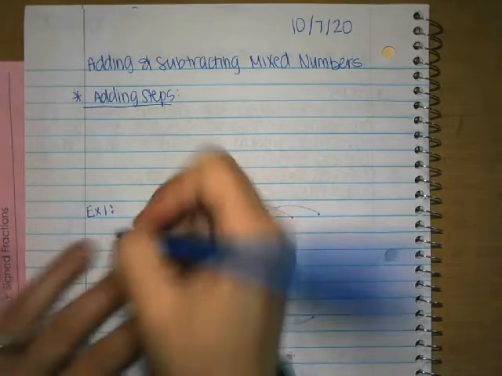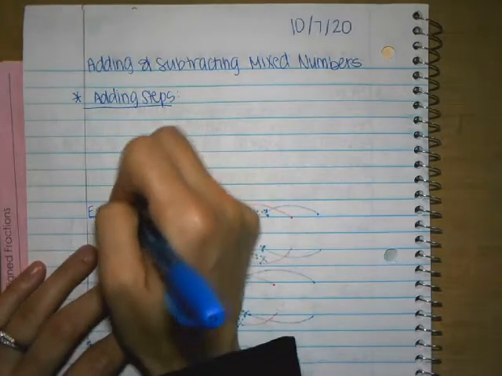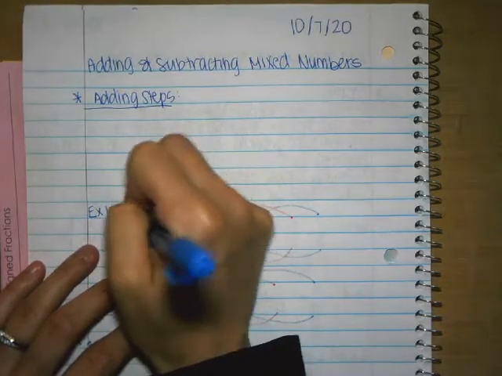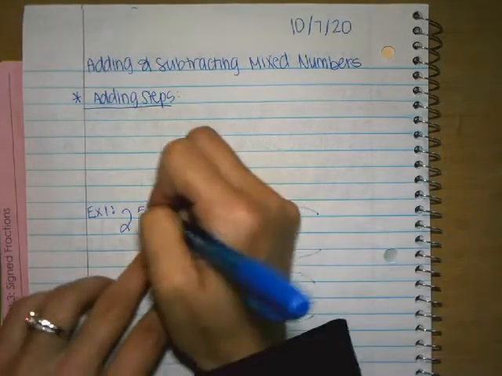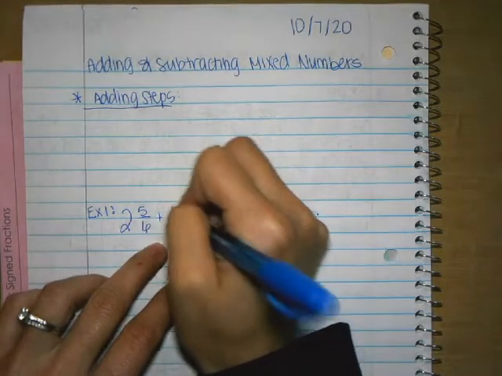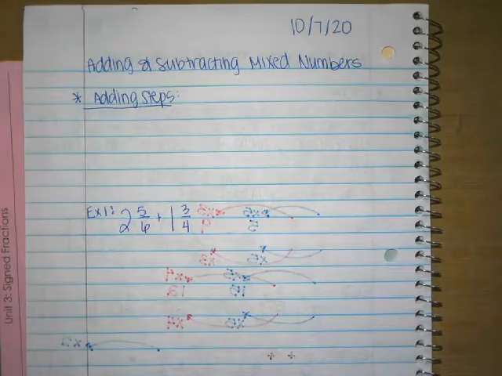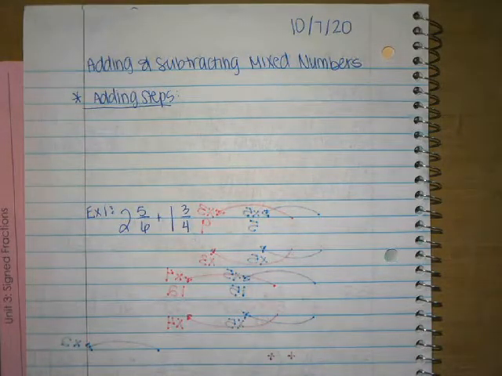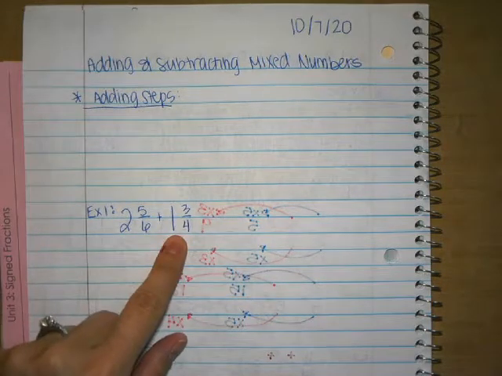So if this is our example, 2 and 5/6 plus 1 and 3/4. And today, guys, there's no negatives. We don't have to worry about integer rules at all today. Got it? Okay? So 2 and 5/6 plus 1 and 3/4.